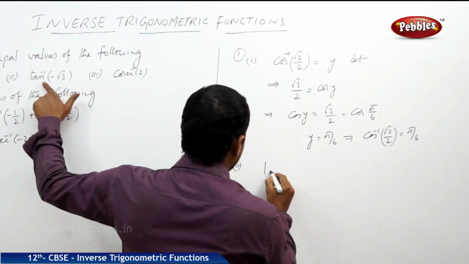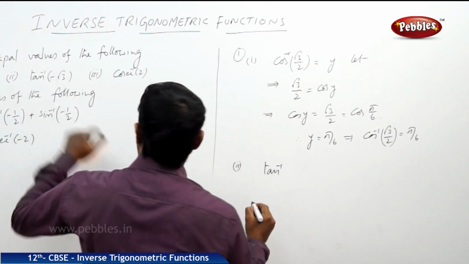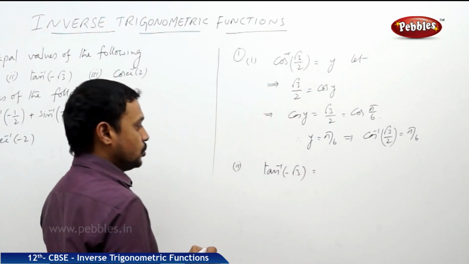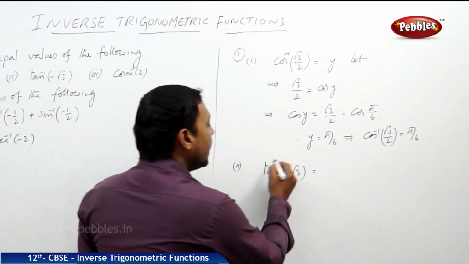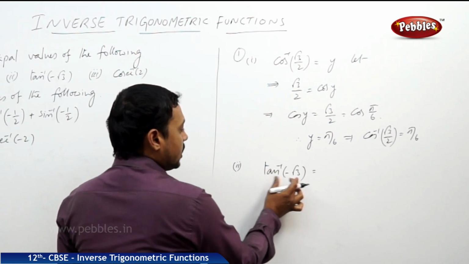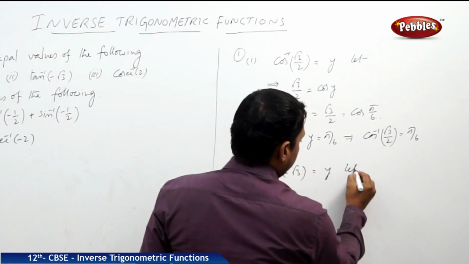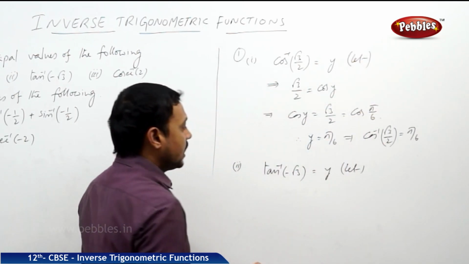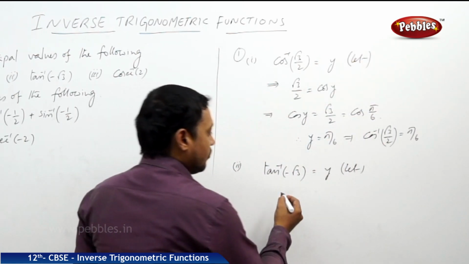So, take the next bit, tan inverse of minus root 3. Now, to find the principal value of this tan inverse of minus root 3, let it be some y. So consider tan inverse of minus root 3 is equal to y.